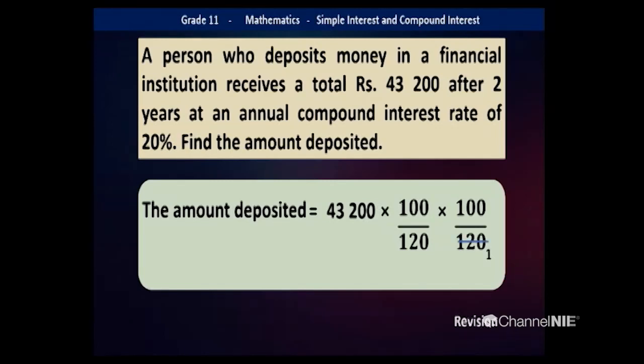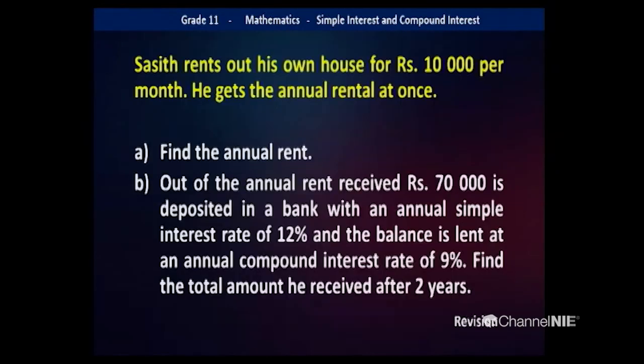When you simplify that, 120 cancelled with 43,200, answer 360. 360 divided by 120, answer is 3. Then 3 into 100 into 100, answer 30,000. The same thing here, we didn't use an English letter for that, just reciprocals.